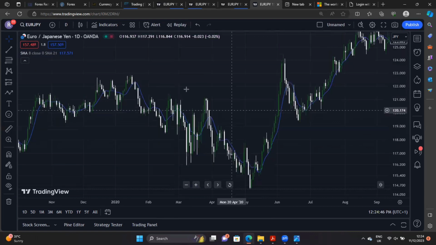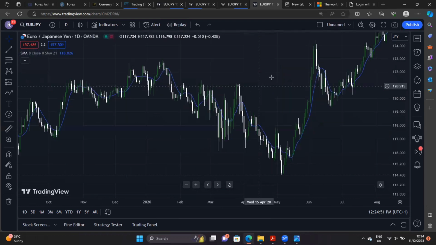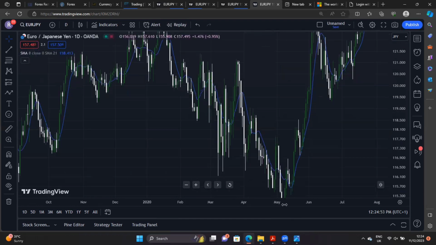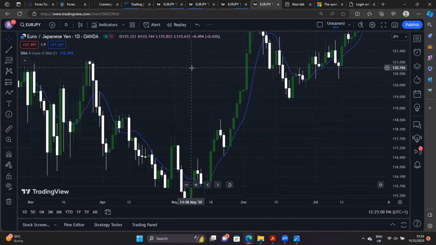This is not really the kind of uptrend we are looking for, but I believe you are getting the scenario. I mentioned this: whatever we talk about on an uptrend is directly proportional to the downtrend. It's just vice versa, just the opposite.